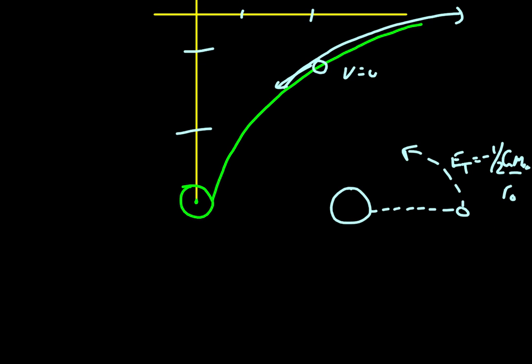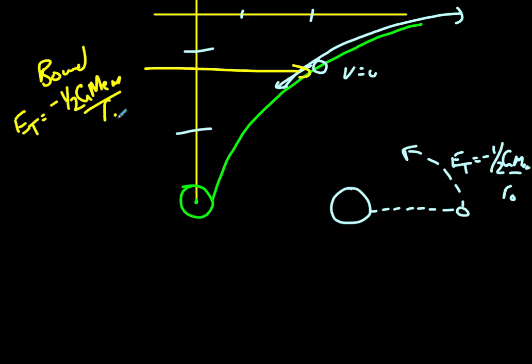So all you have to do to figure that out is, if you know that this object is bound, its total absolute energy is equal to negative 1/2 G mass of Earth, mass of the object over R naught. We just need to know how much more energy we have to apply to it to get up to 0.